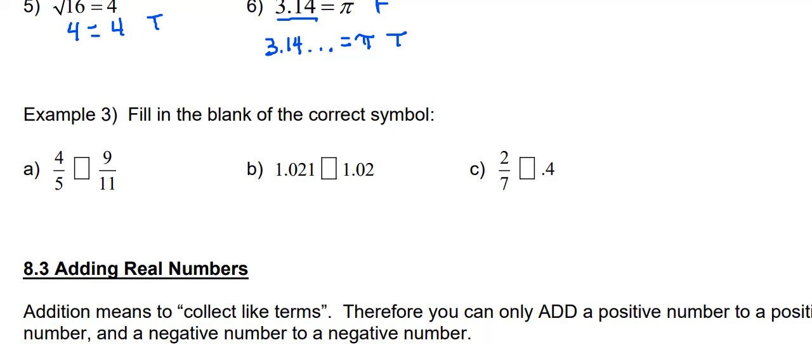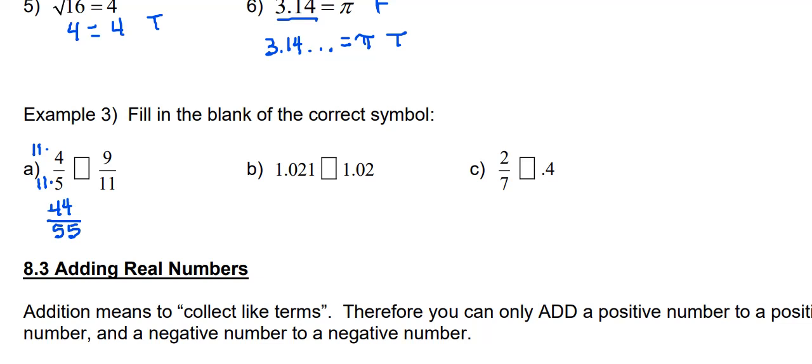The least common denominator between 5 and 11 would be 55. So I need to multiply this first fraction to get this 5 to be 55. I would have to multiply times 11. Well, anytime we multiply one part of a fraction times a number, we have to do the same thing to the other part of the fraction. So this would give me 44 over 55.